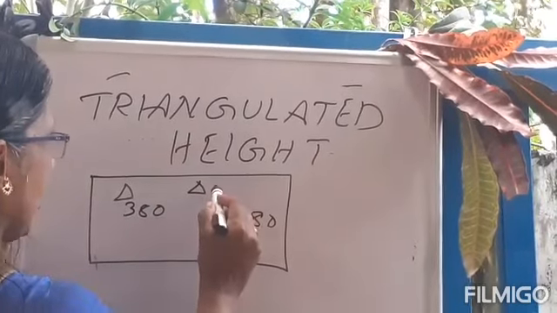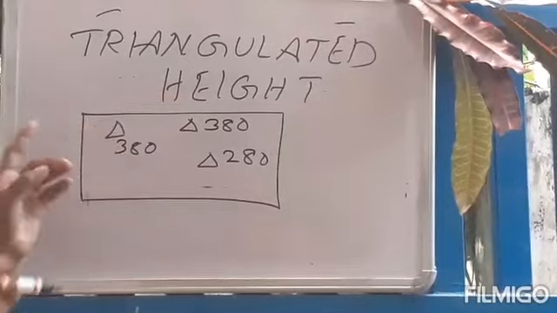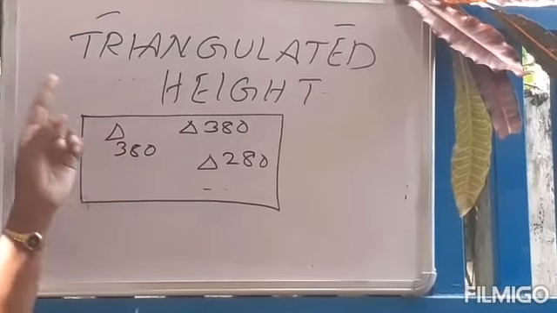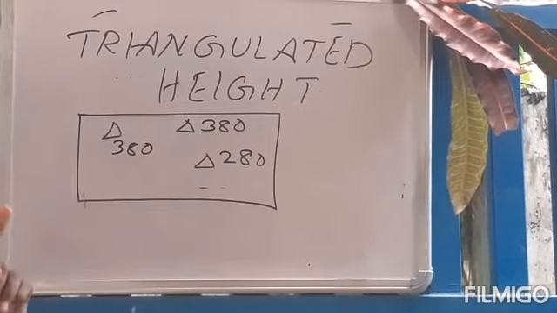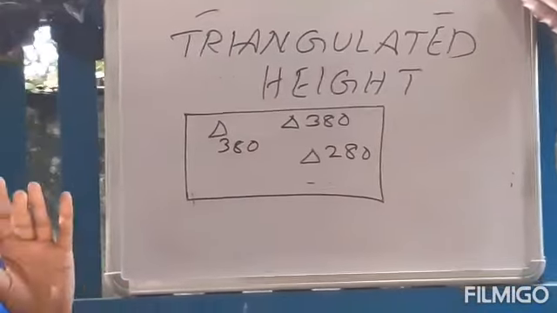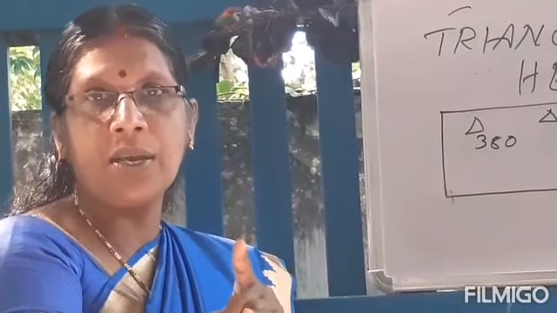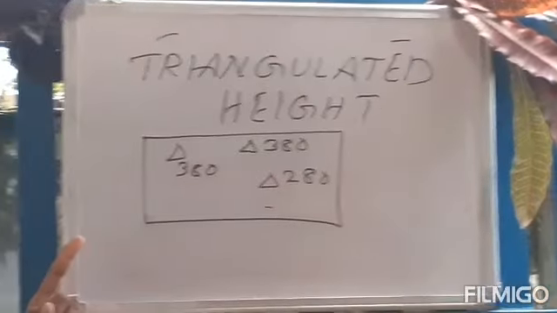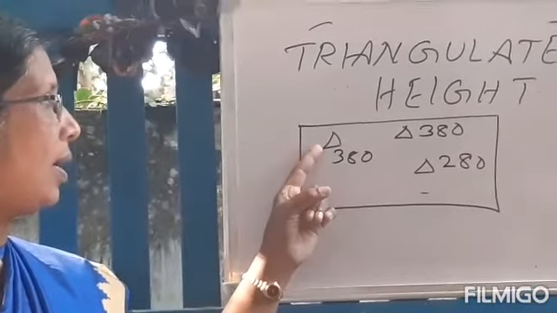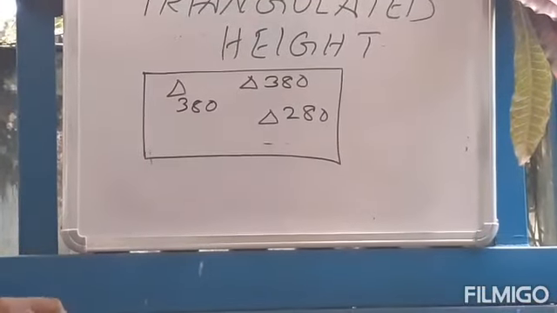This represents triangulated height. It is a method to represent the height of a place by using trigonometry. By using trigonometry also we can find out the height of a place. Such a method is called triangulated height, which is represented by means of a triangle and a few digits beside it.